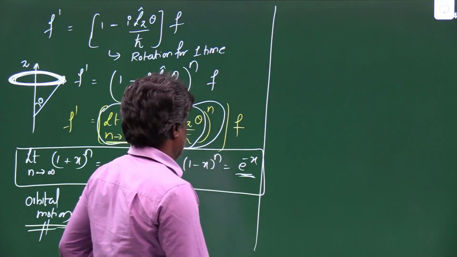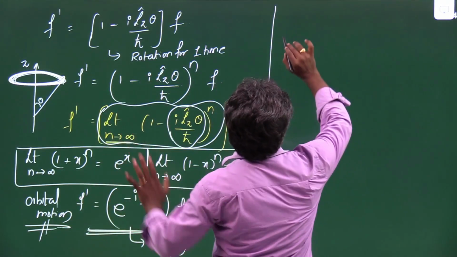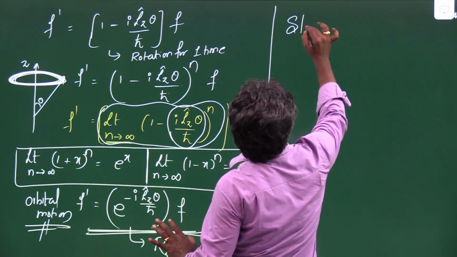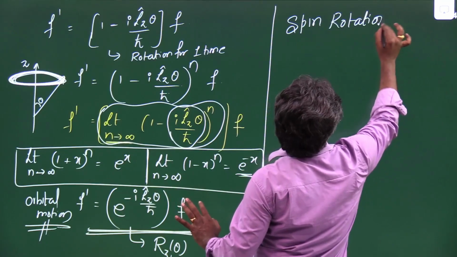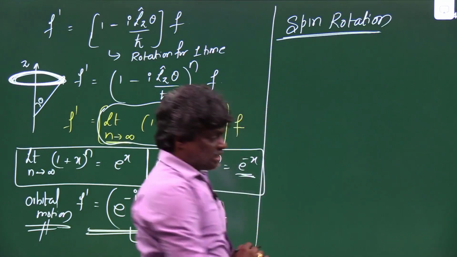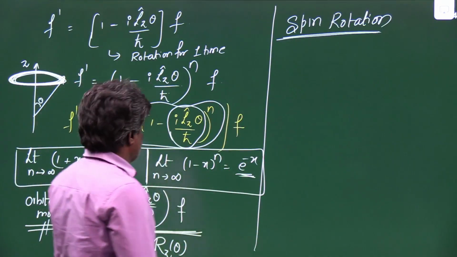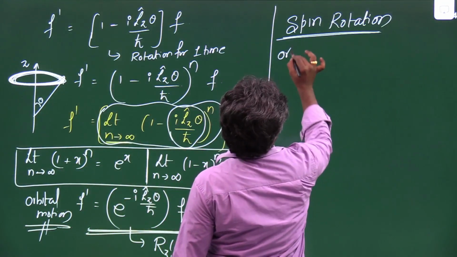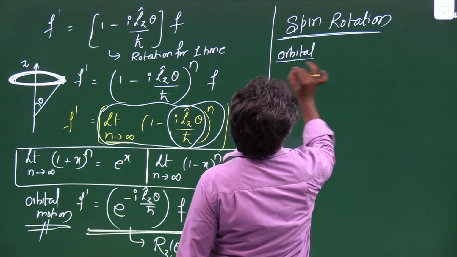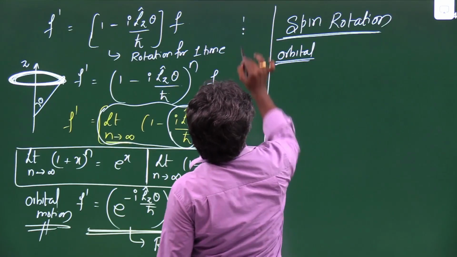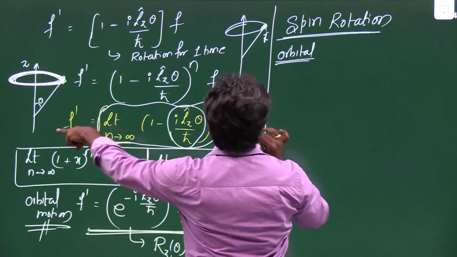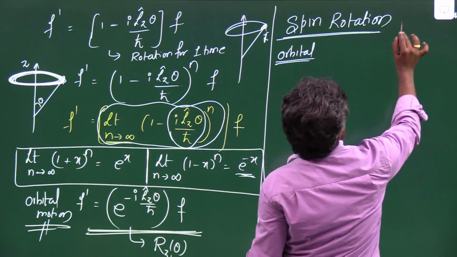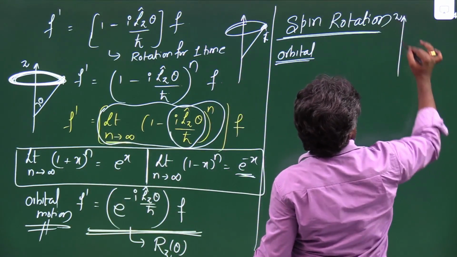Okay sir. Now we don't want orbital rotations, we want spin rotations. Actually the Bloch sphere is about spin only, so that's why we are entering into spin rotations. But already we have written for orbital. That means whenever an orbital angular momentum is precessing, we derived. Quite similar to that, now spin angular momentum is also precessing.